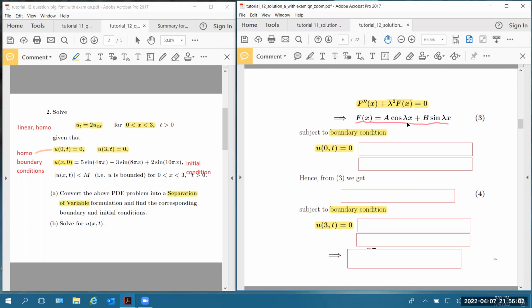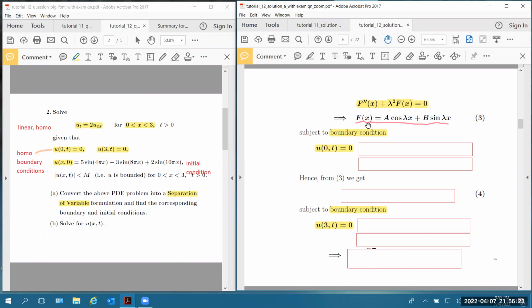Of course you want to determine the constants. How to determine them? This equation is a function of x, so obviously you need a condition on x. You don't want a condition on t because here there is no t.